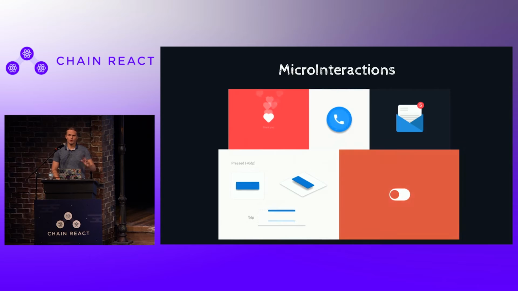So another type of animation is micro-interactions. And micro-interactions are something you maybe haven't even noticed. Like if you open WhatsApp, you probably will see lots of micro-interactions you haven't seen previously. Let's, for example, look at the inbox notifications, right?